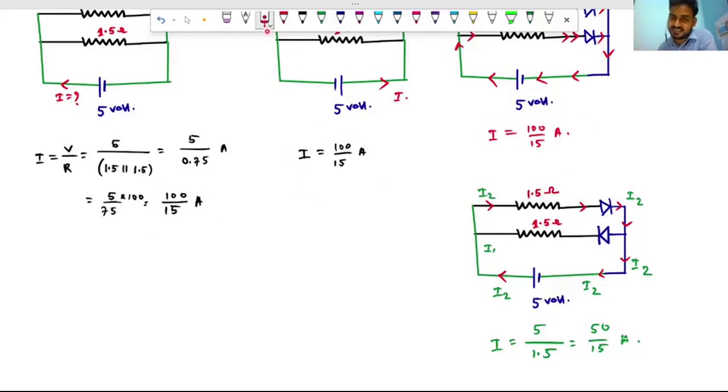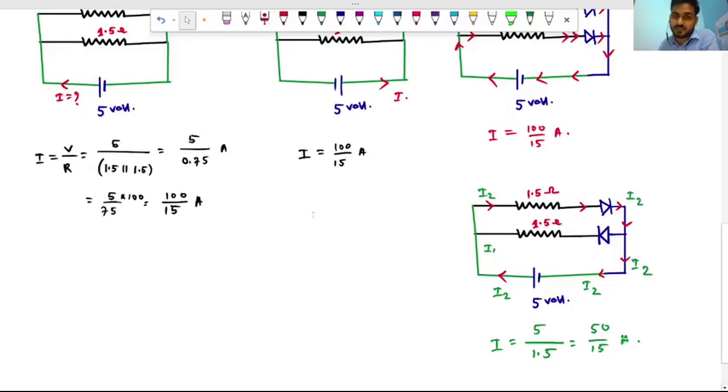The reason is here the diode is opposing the current in one branch. See, this is an example of how we can control current, isn't it? We are opposing the current flow by just adding a diode in the opposite direction, correct?